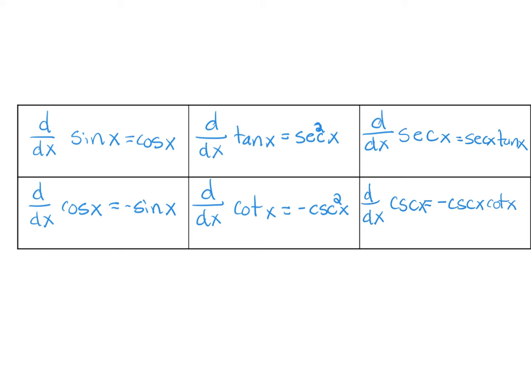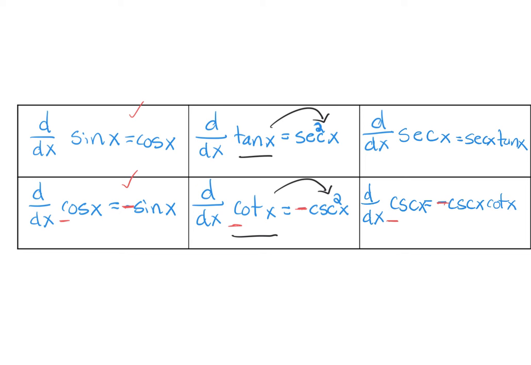So these are things we need to memorize. Let's see if we can find some patterns to help us memorize. So these ones are pretty easy. Notice how cosine, cotangent, and cosecant are all negative. So all the c's are going to be negative. Tangent and cotangent both have the squared.